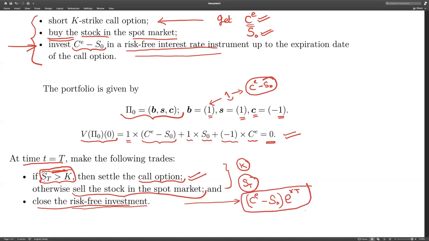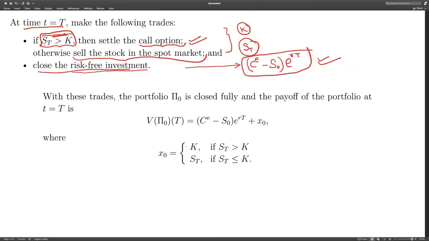Let us see what is the total payoff that you got at t equal to capital T from the portfolio pi naught. The total payoff from the portfolio pi naught at t equal to capital T is the amount obtained from the risk-free investment plus the amount obtained from the call option by selling your stock either to your counterpart, that is this case, or directly in the spot market, which is this case.